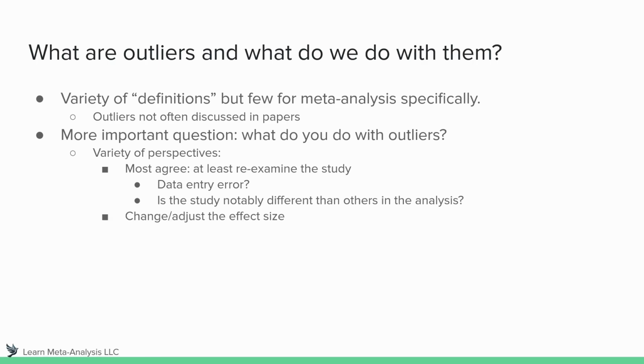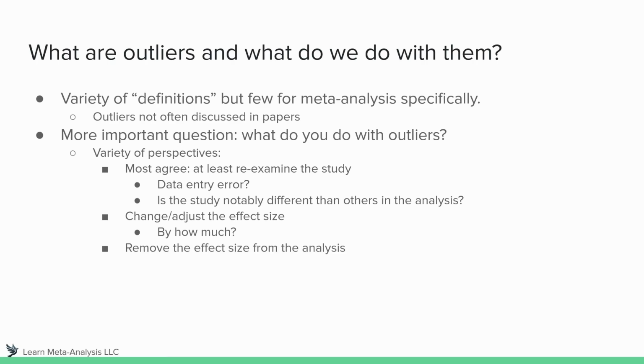Now, what happens if there's no data entry errors and the study's not notably different? Well, some people like to change or adjust the effect size to slightly larger or slightly smaller than the next closest effect size. The question I've always had is by how much? And I haven't found any explanation for that. Most of the time people just say we adjusted it, but they don't say how much they adjusted it or why.